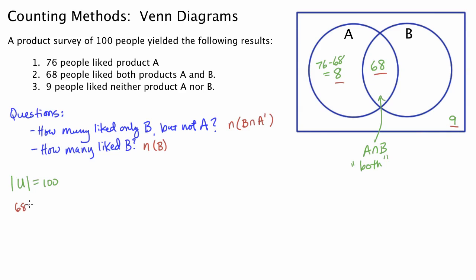So we have 68 plus 8 plus 9 for a total of 85 elements, or 85 responses. But we're short. There should be 100 responses. Because of that, we need to take the 100 minus this 85 to give us 15 leftover responses.